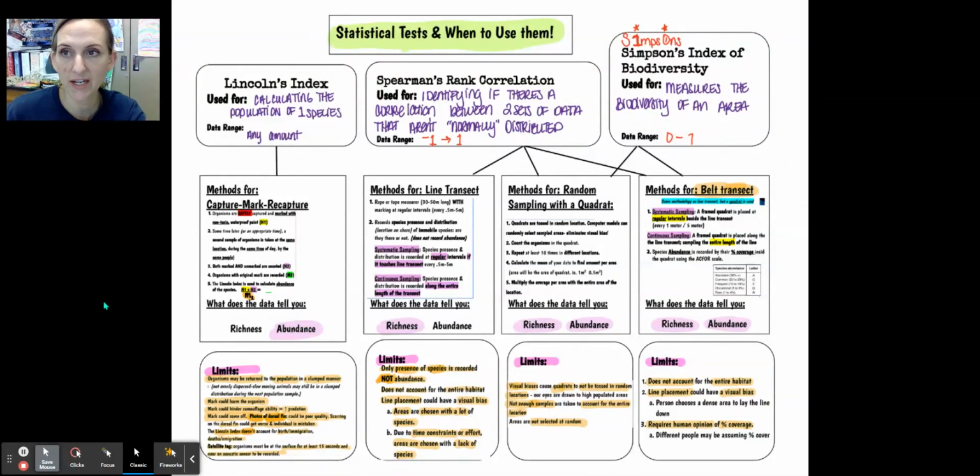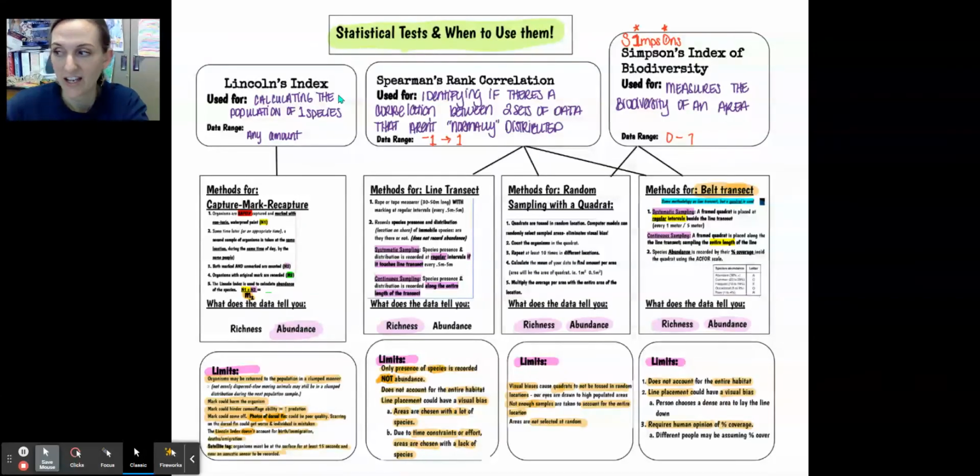So just to recap, you have different ways to measure the populations of species or just of one. Those are your sampling methods. And then what do you want to do with that data? Do you want just the population of one species?